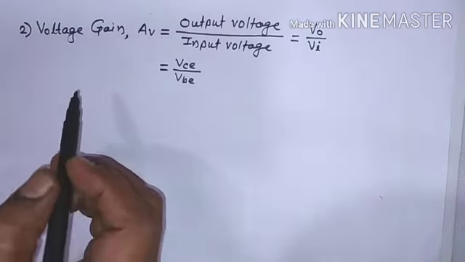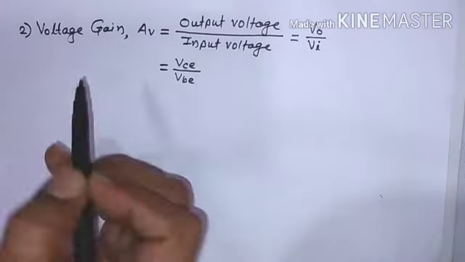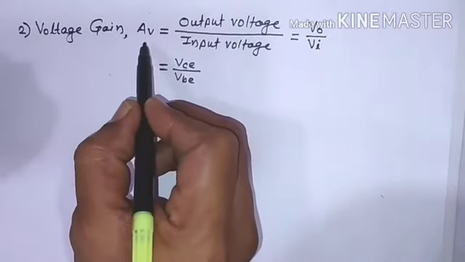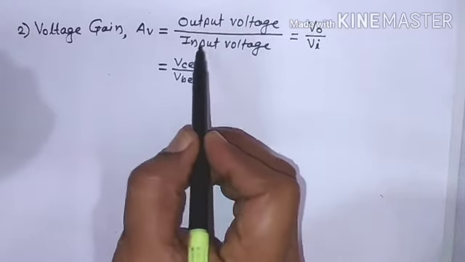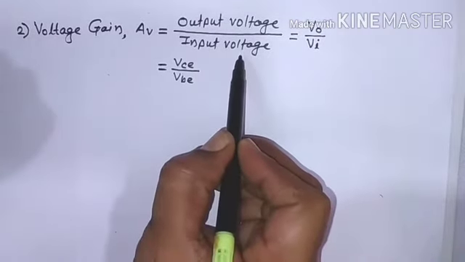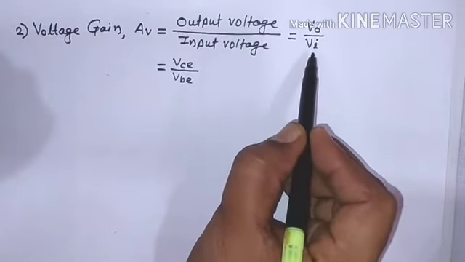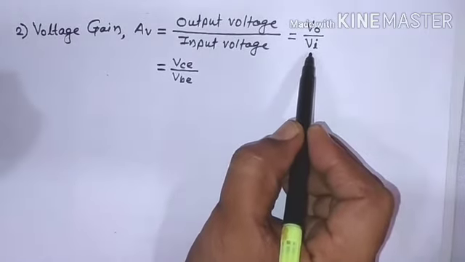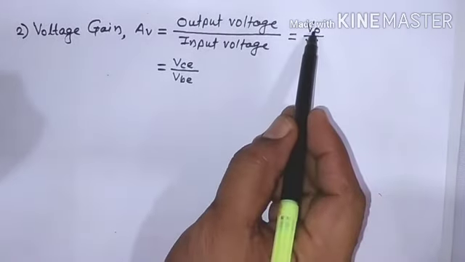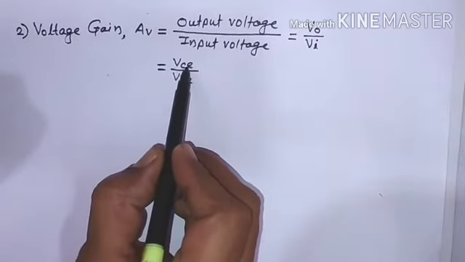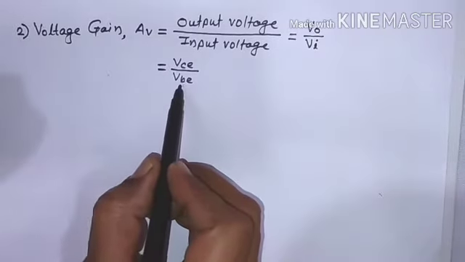So now, our second equation is for voltage gain. This voltage gain AV is defined as the ratio of output voltage to input voltage, and it is written as VO upon VI. Now as per the circuit diagram we have seen, this output voltage VO is nothing but VCE, and this input voltage VI is nothing but VBE.